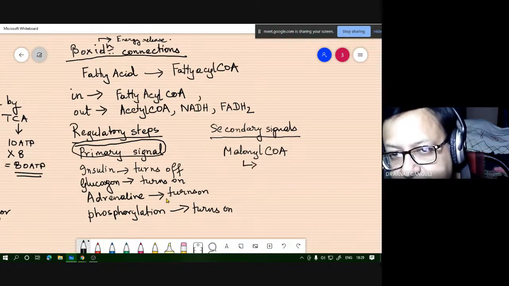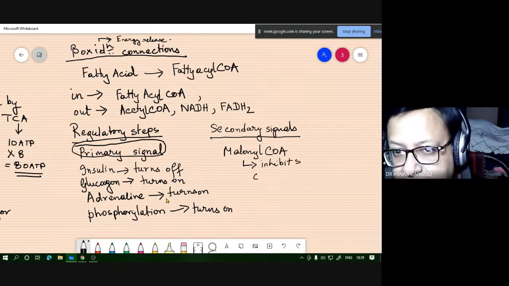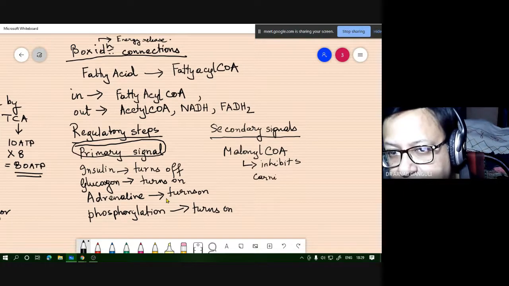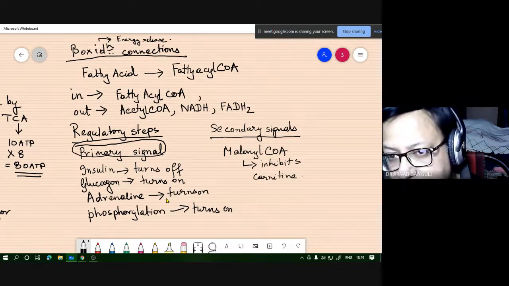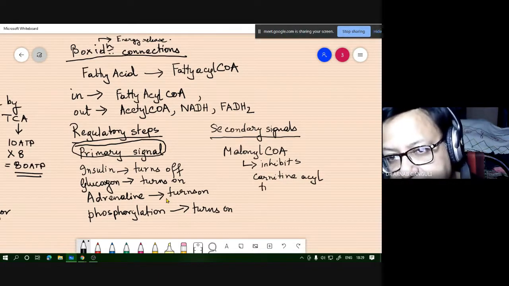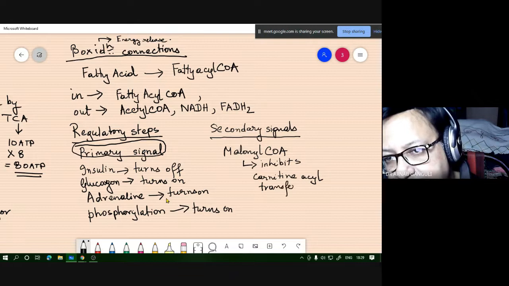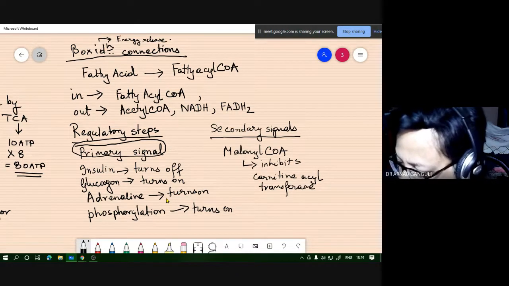So what it does, it inhibits carnitine acyl transferase. It stops the carnitine cycle.